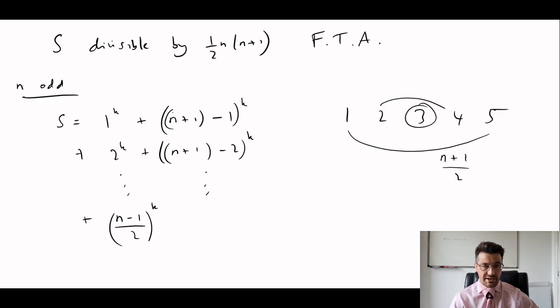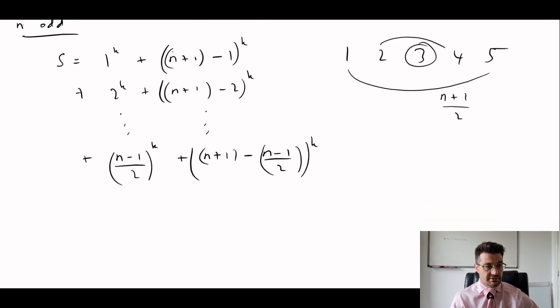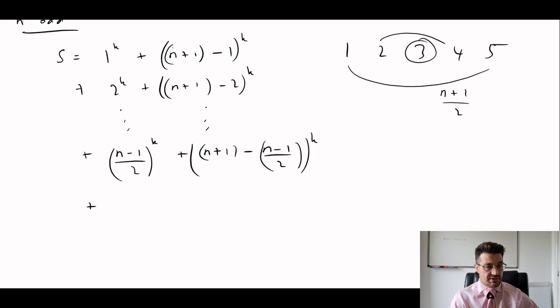Remember, n is odd, so n minus 1 is even, so n minus 1 over 2 is going to be an integer, plus n plus 1 minus n minus 1 over 2 to the power of k, and then finally we're going to get plus n plus 1 over 2 to the power of k.